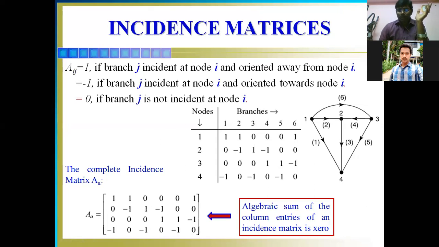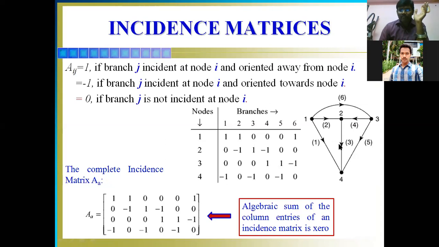Now come to node 2. What are the elements connected to node 2? 2, 3, 4. For 2, the current is entering into the node, so put -1.